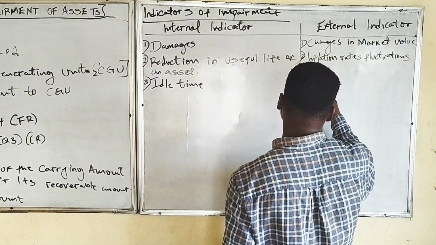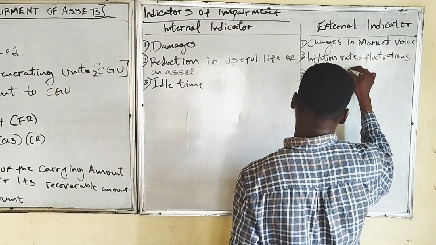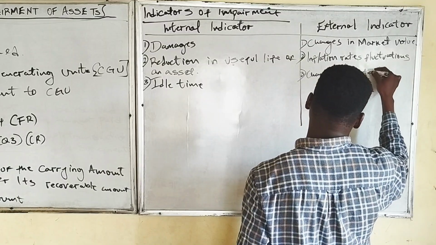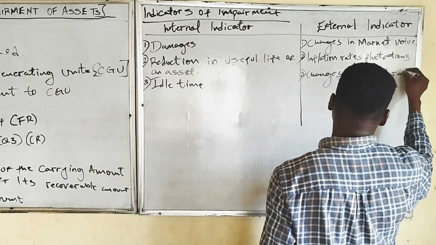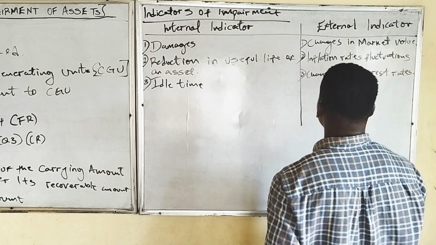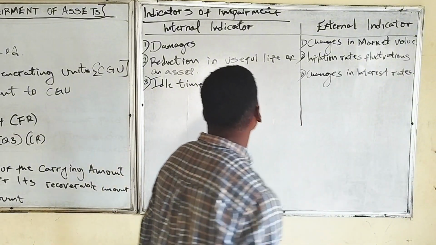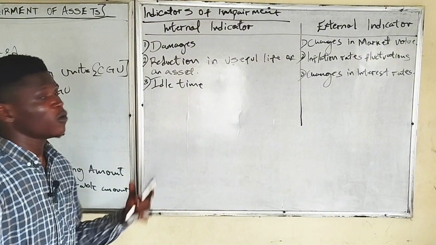Then we also have changes in interest rates. So these are examples of indicators of impairment.